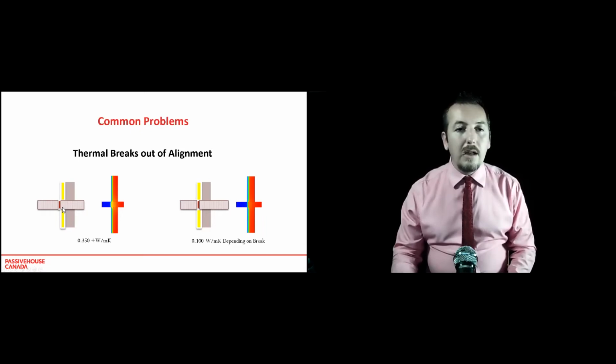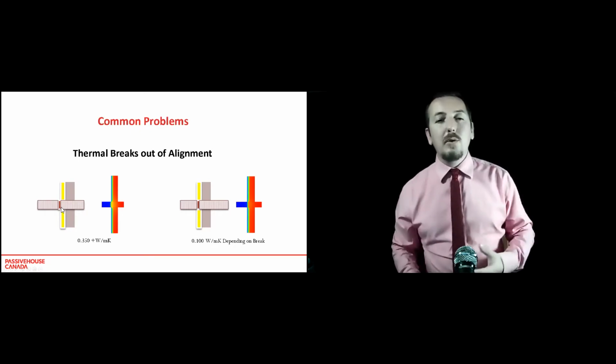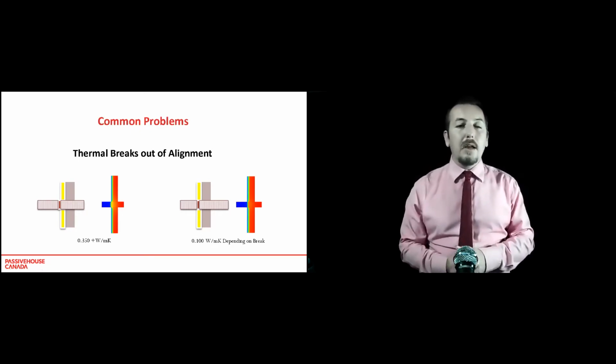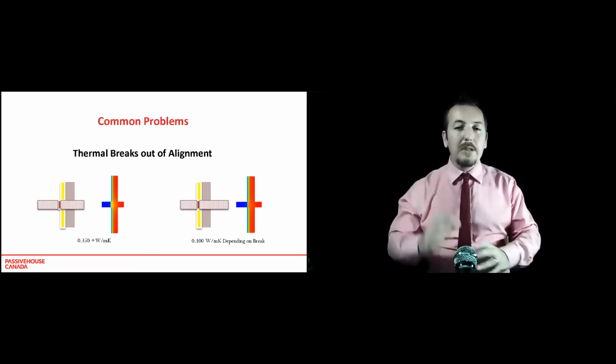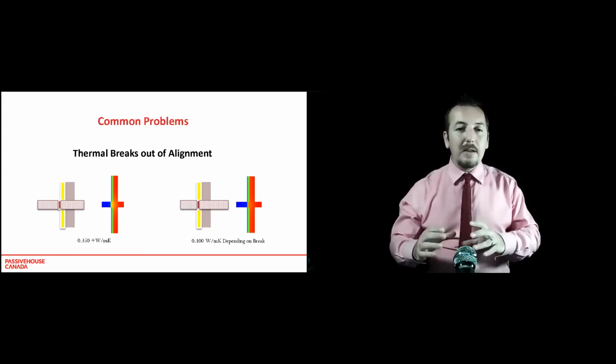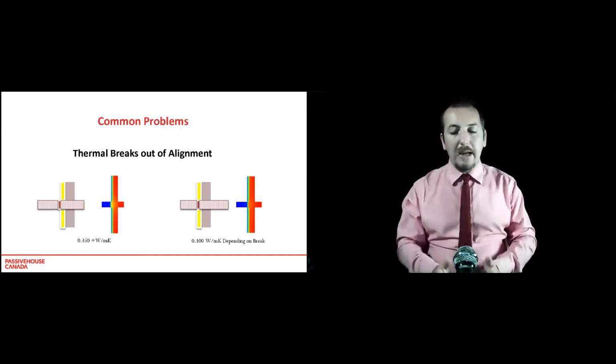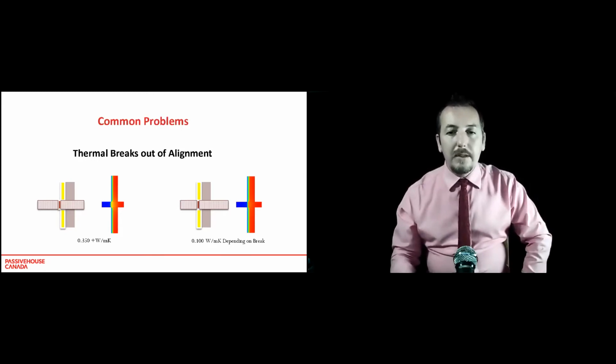If you didn't line it up, and I've found this in so many projects, people put in a thermal break maybe between two steels, but they don't sit it right in the plane of the insulation. And you can see the difference here. It's 3.5 times more for not actually aligning that thermal break with the insulation.